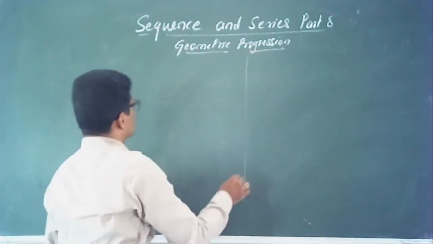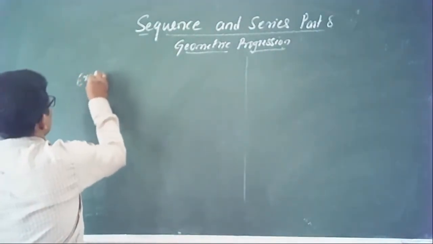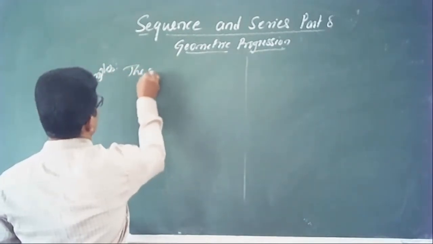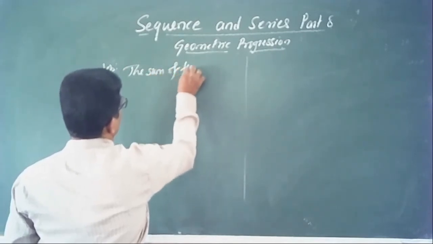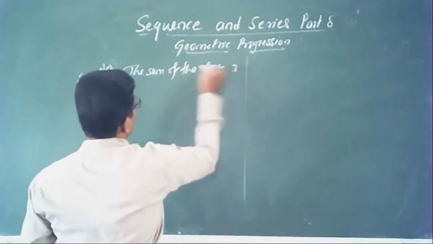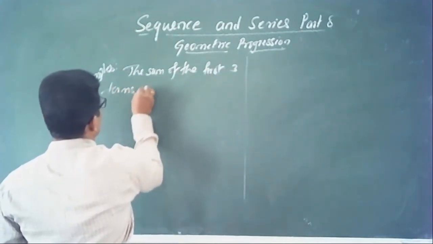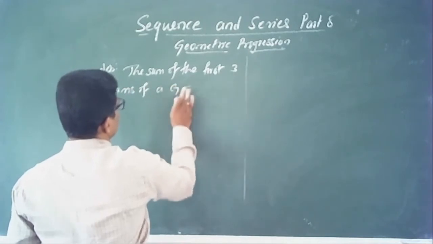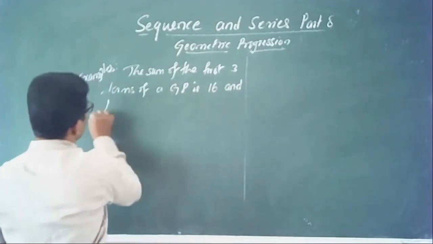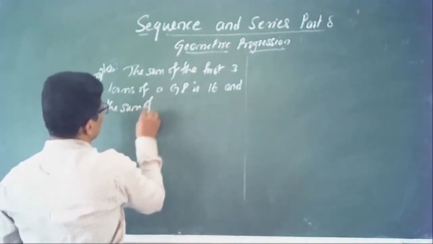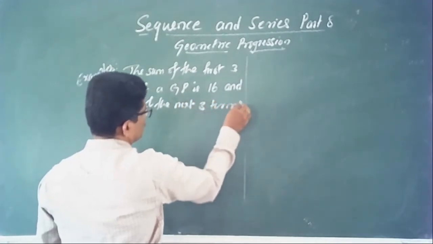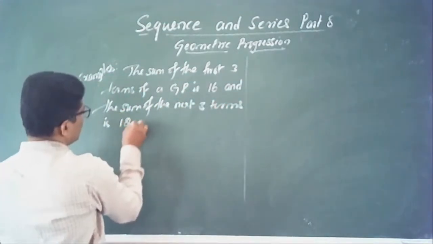The examples: The sum of the first three terms of a GP is 16 and the sum of the next three terms is 128.